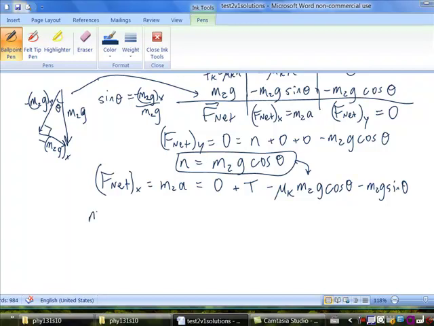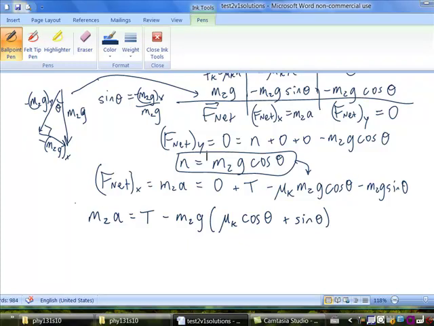We've got m2 times a equals the tension, which we actually know, I'm going to have to plug that in from before, minus, I'm just going to pull out the factor of m2g in both of those equations. I've got mu times cosine theta plus sine theta.